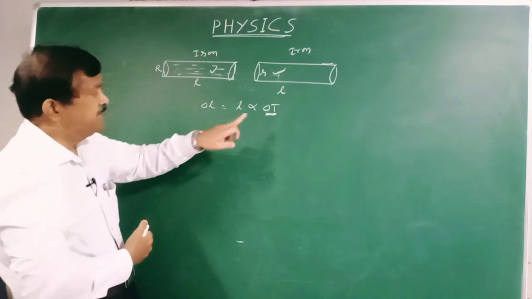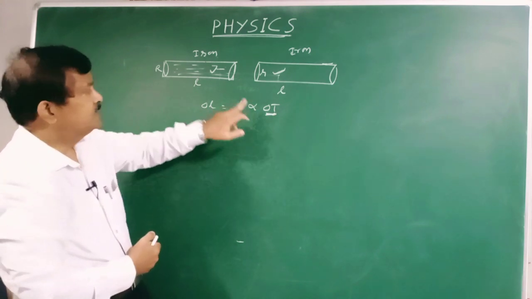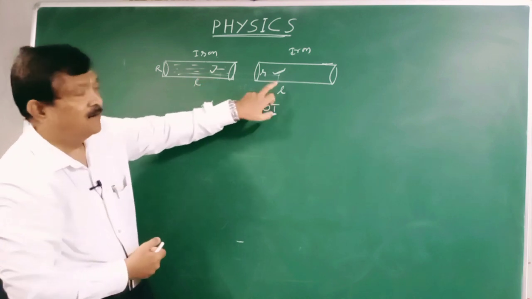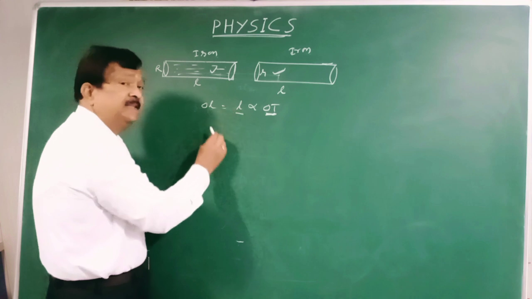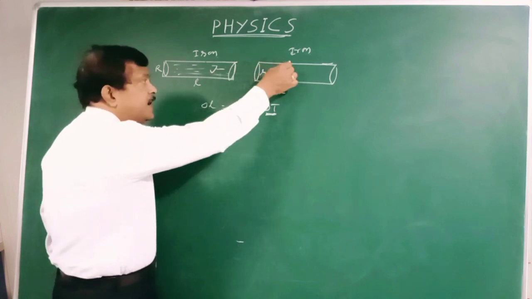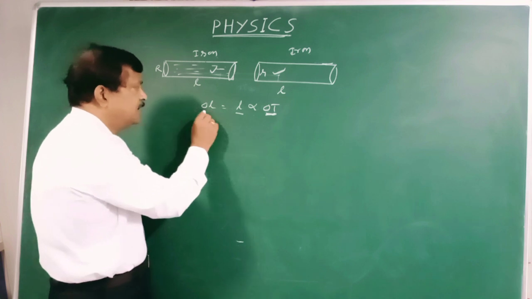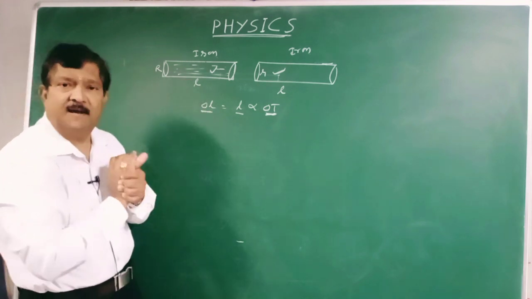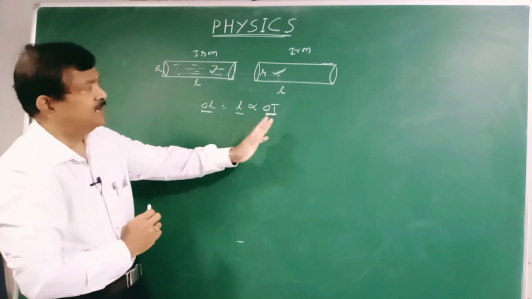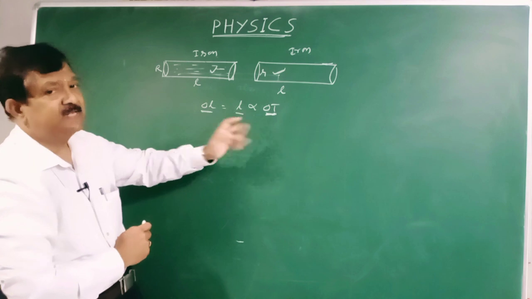But if the change in temperature for the solid body and the hollow body is one and the same, then because the initial length is the same and both are made of the same material, alpha is also the same. As a result, delta L will also be the same for both rods.